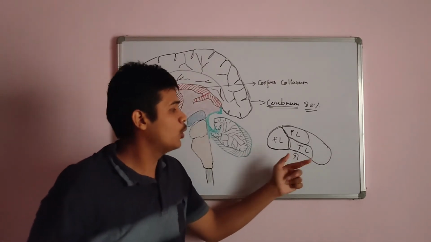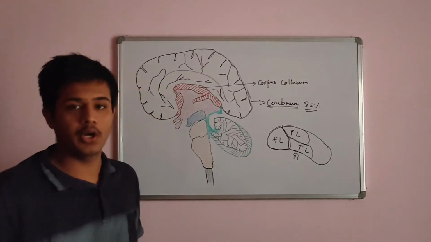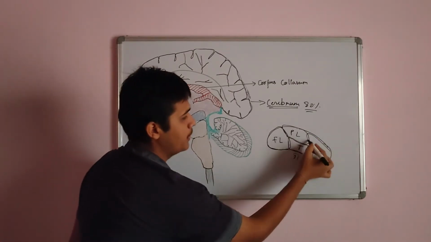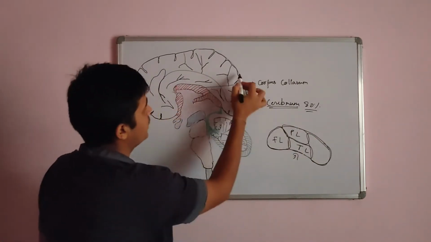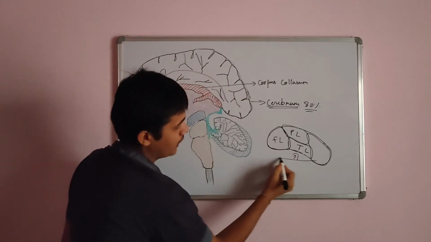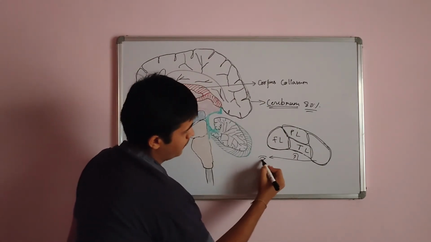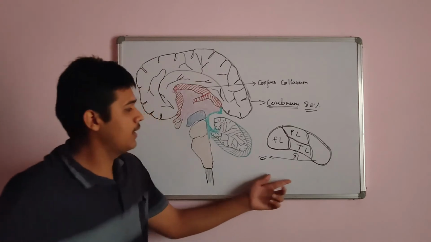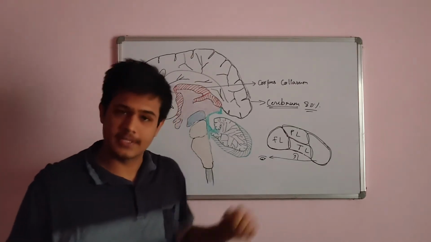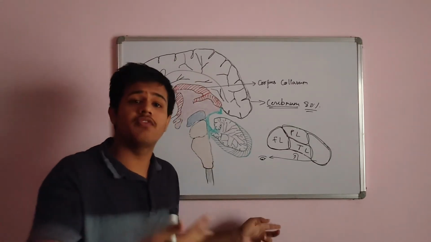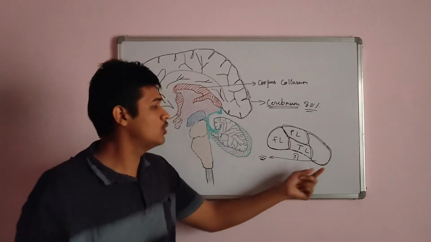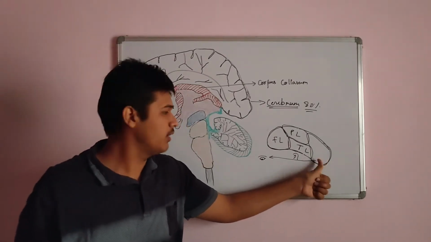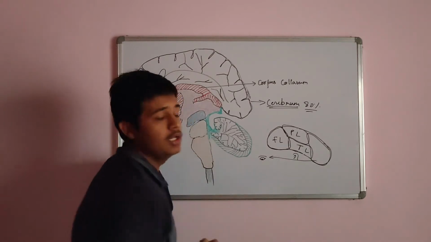All these things are controlled by this temporal lobe. And the last lobe is the occipital lobe, which is at the back of the brain. It is directly connected to our eyes and takes part in visual processing. Whatever we see, all those images are formed here and we are informed by this occipital lobe.